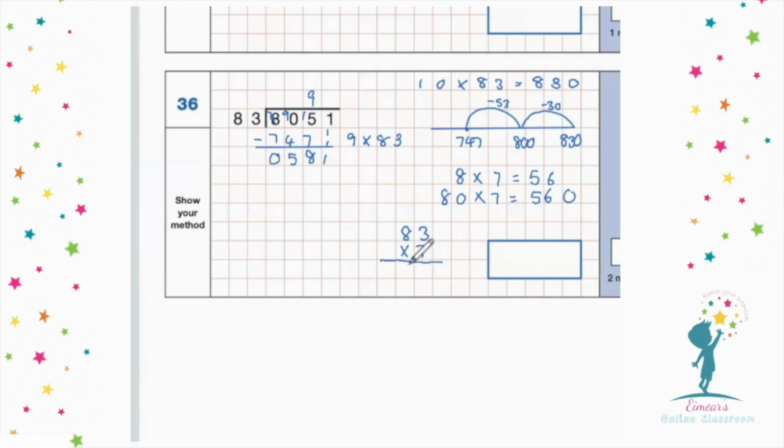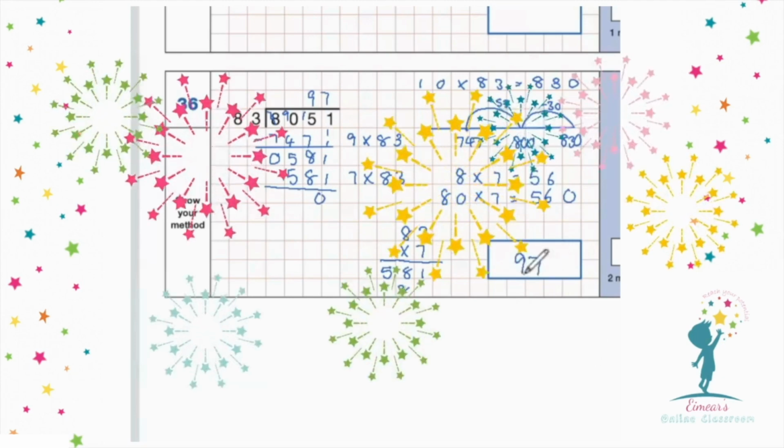So 7 3s are 21, and 7 8s are 56, plus 2, 57, 58. Yes, that's it. It is 7 lots of 83, so if we take 581 away from 581, we're left with 0, and that's 7 times 83. So our second number is 7. So the question 8,051 divided by 83 is 97, and that is paper 1 complete.